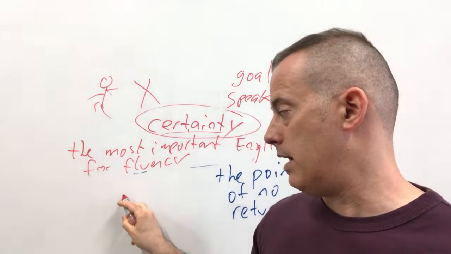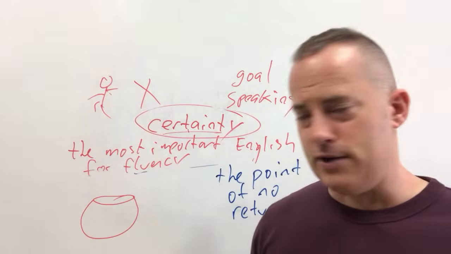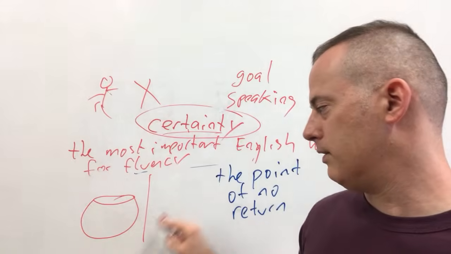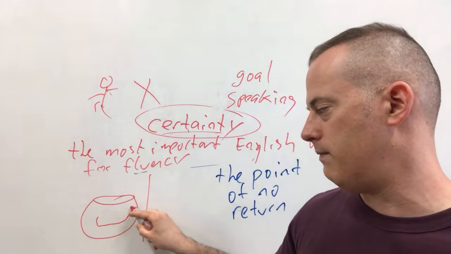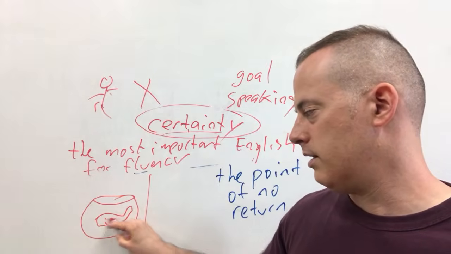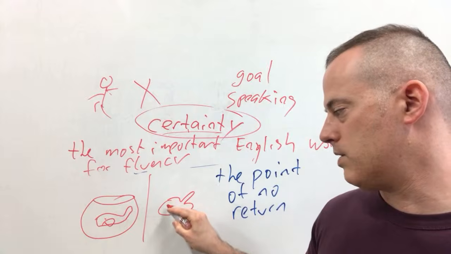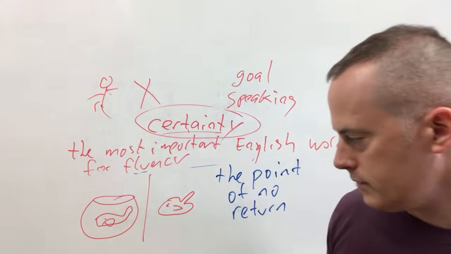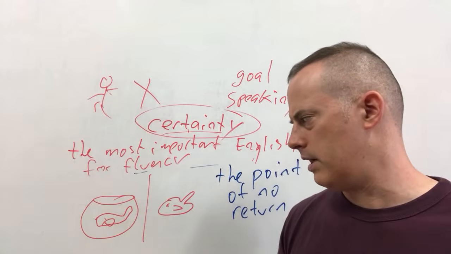So one of the images we have in Frederick is comparing a fish or a whale in a bowl, and then the same fish over here. I know they don't look the same, but I think the word for this is captive.